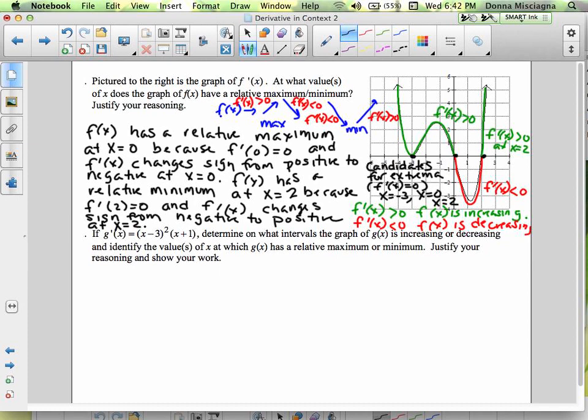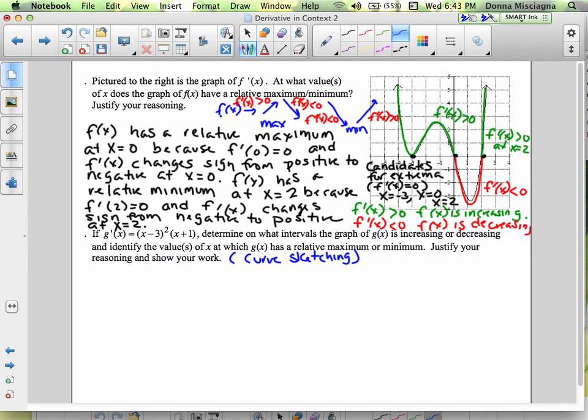Now this is actually a little bit more advanced, and it's one of our topics in the second semester, curve sketching, but I assume I put it in the notes because I've got it on this page. All right, and I've got it in this lesson. So I think we can handle this one.